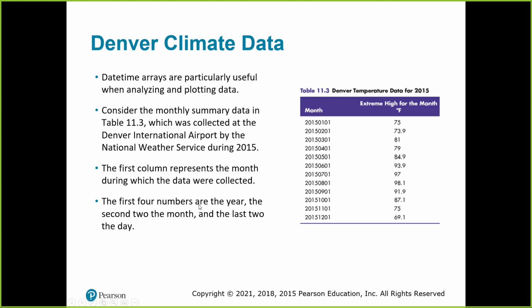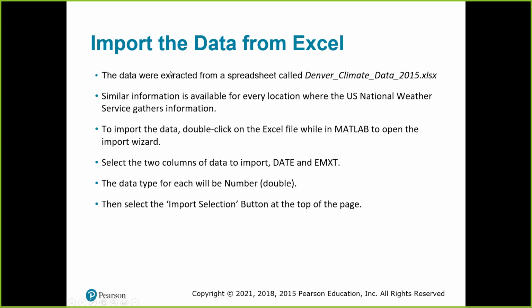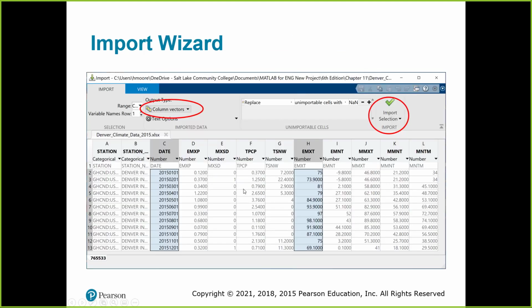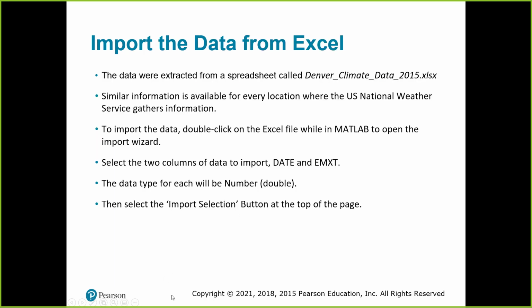First one, so import the data. Okay, what slide is that? 44. Remember 44. Okay, so we can extract the data from the spreadsheet, and it goes through a couple of ways to import the data.